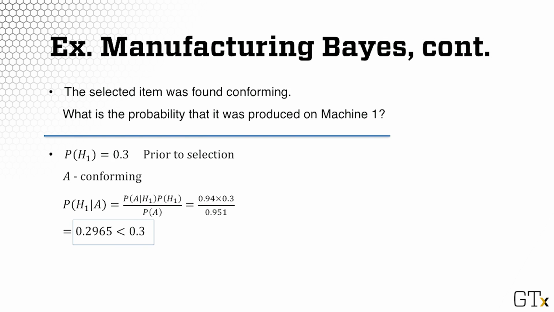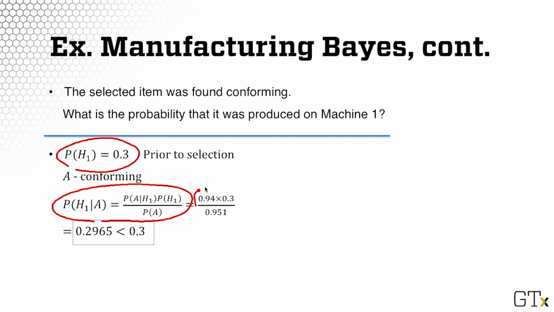Now imagine the following scenario. You selected the item at random and you found that the item is conforming. And then you ask the question, what is now the probability that it was produced on machine 1? Before you did sampling, it was 30%. But now you took the item, observed that it was conforming, and the question is, what is the probability that it was produced on machine 1? That is Bayes formula. So prior to selection, it is 30%, but then you used Bayes formula.